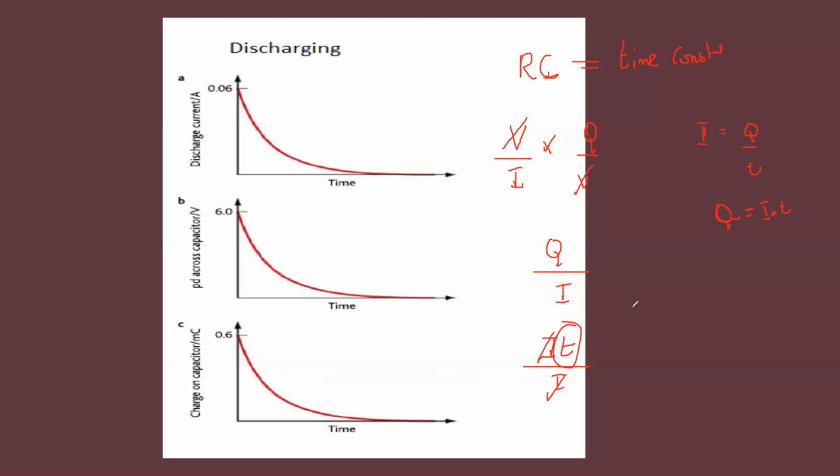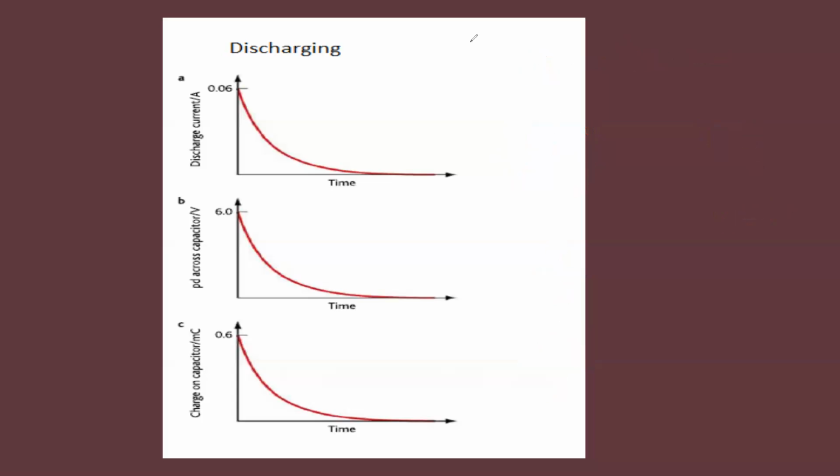The time constant is the time when the capacitor reaches 37% of its original value. How do we know that this is the time constant? You can use the equation V equals V naught e raised to power minus t over RC.